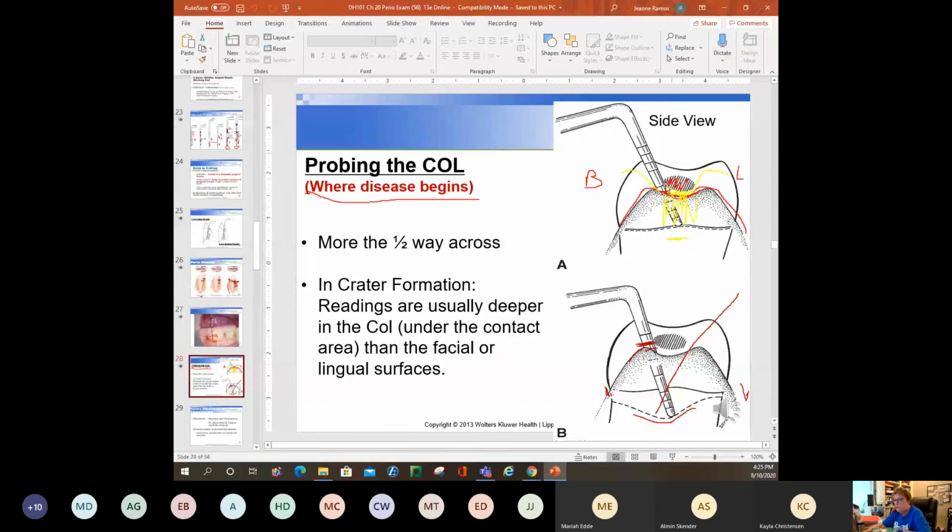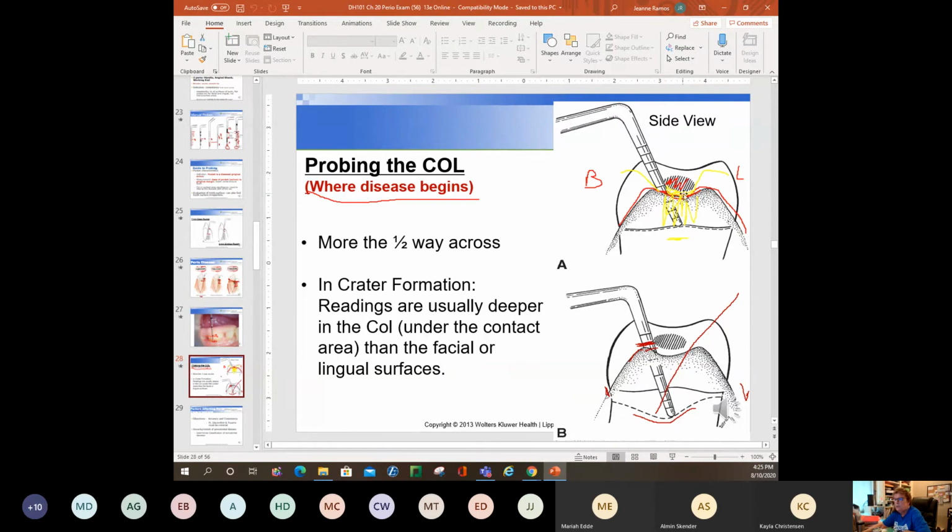So here's a side view of the tooth. This would be if you just looked at the side. This tooth, where it's shaded, is the contact area where it's going to contact the tooth that's in front of this tooth. So what we need to do, we are going all the way. Here's the papilla, and the papilla is formed by 2 papilla, a papilla on the lingual and a papilla on the facial, and then they form together and dip down here underneath this contact area.